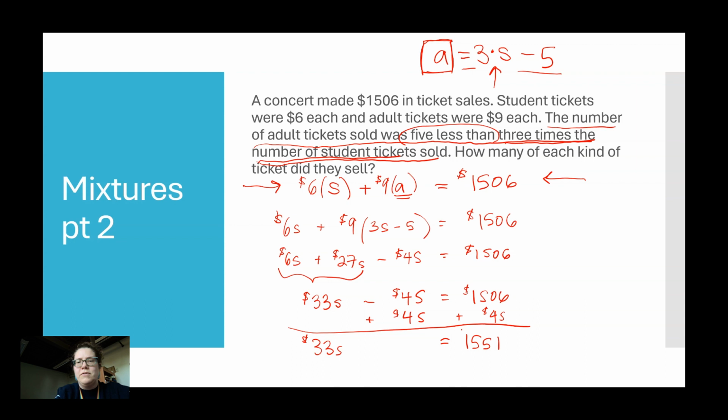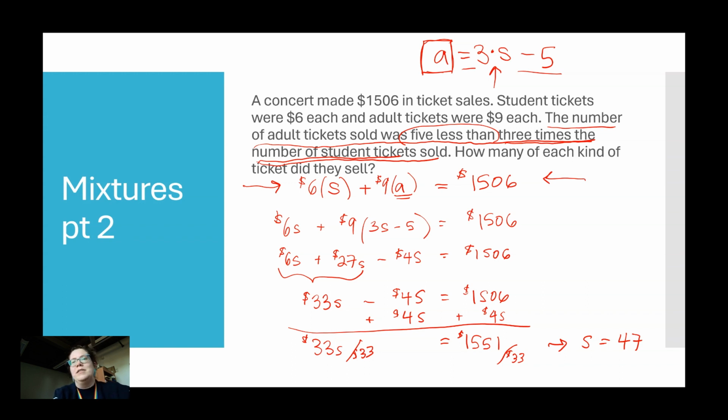Still in dollars, everything. And when I divide by 33, what am I going to get? We're going to end up with S equals 47. So that means they sold 47 student tickets.